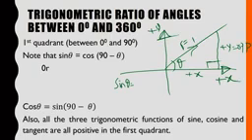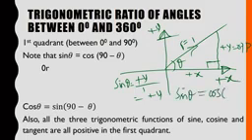Now, sine theta is equal to opposite all over hypotenuse, which is plus y over 1. It means it is plus y. But invariably, from the first quadrant, there's a very genuine relationship that we need to know. That relationship is that sine theta can be converted to cos theta with the help of 90 minus theta.